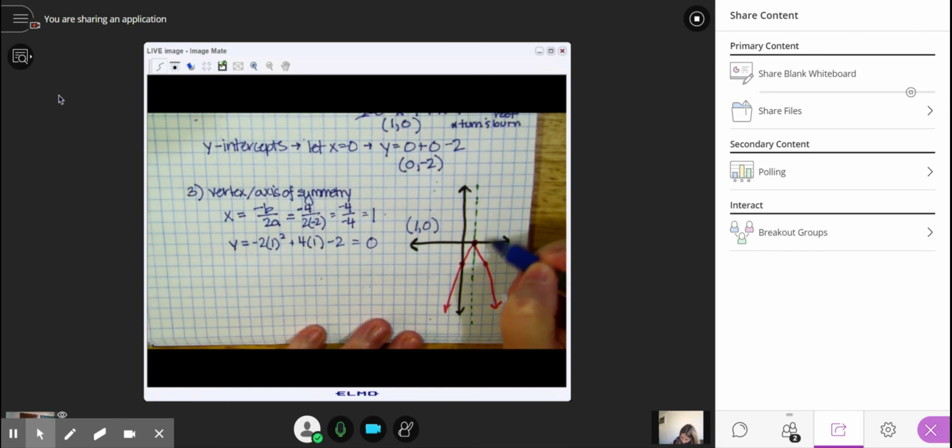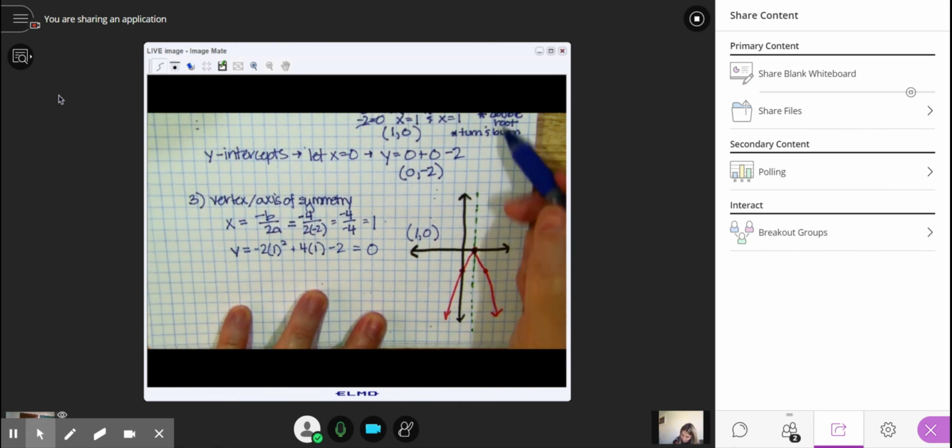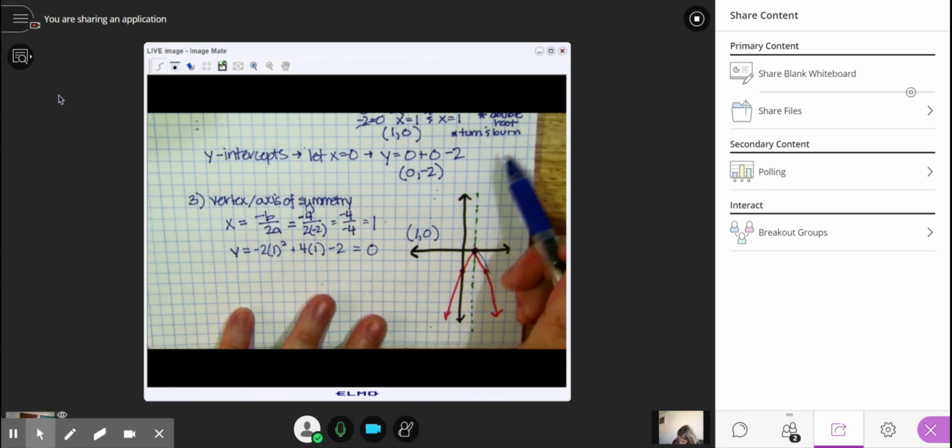All right. Do you remember how we called this a double root? This is a double root, sometimes called a turn and burn, because the parabola just touches that point and then turns around. So sometimes we affectionately refer to those as double roots as turn and burns.